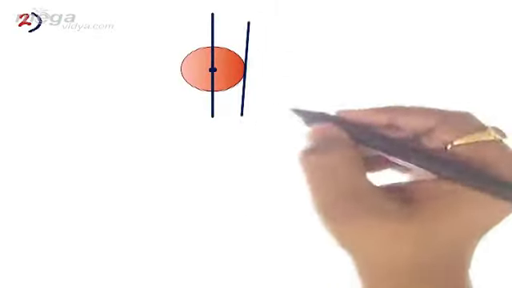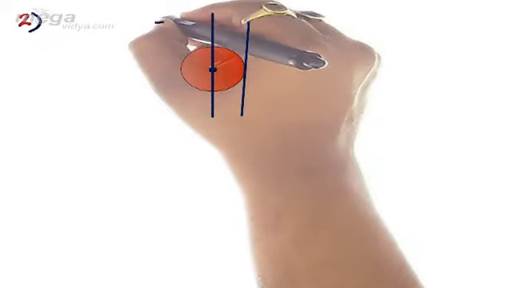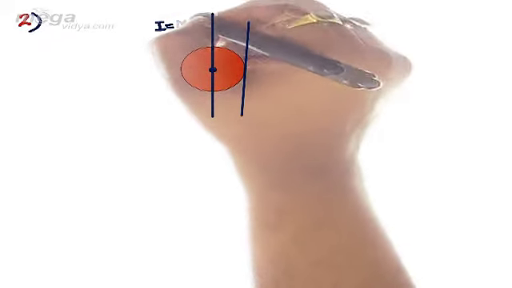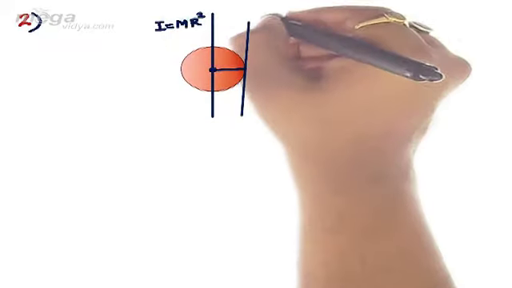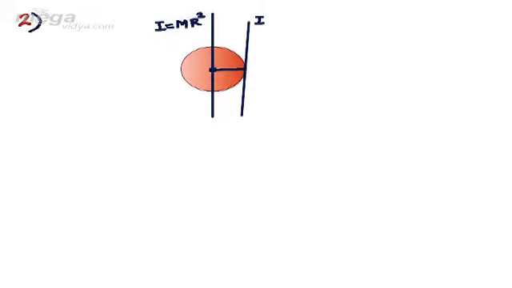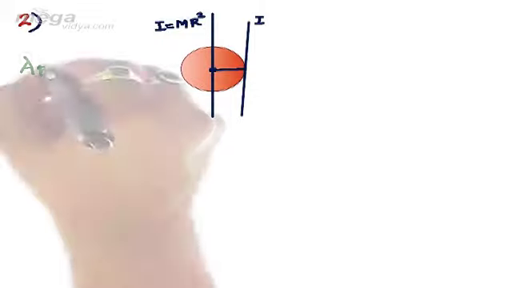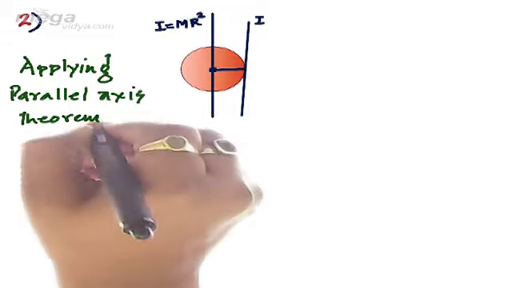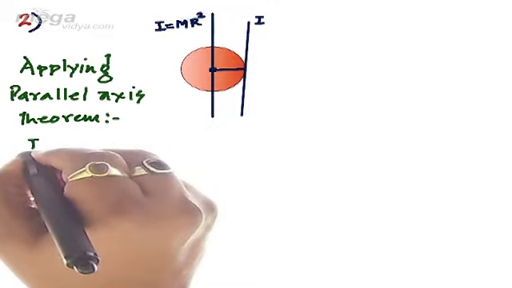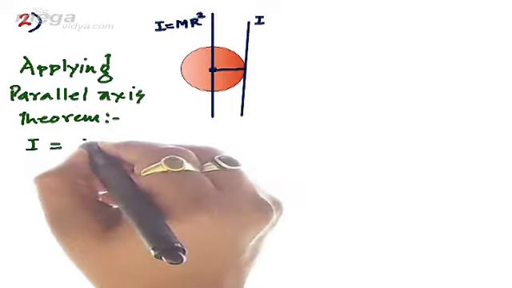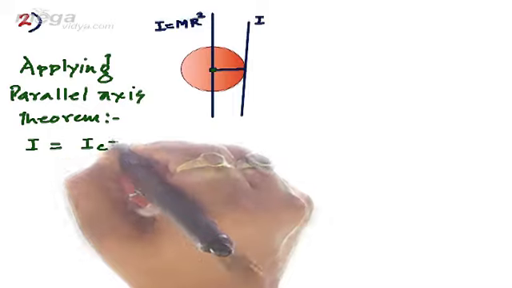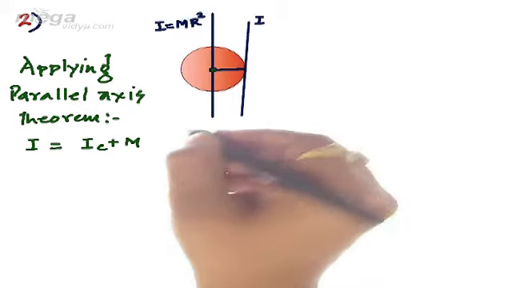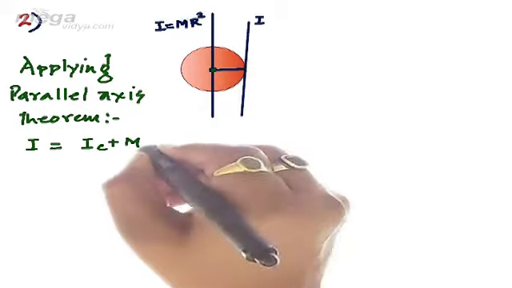We can take another example. Let us consider this ring, and the moment of inertia of the ring about the centroidal axis is given to be mr square, where r is the radius of the ring. We are required to find the moment of inertia about the axis passing through the tangent and parallel to the centroidal axis. Applying the parallel axis theorem, the moment of inertia about the given axis will be equal to the moment of inertia about the centroidal axis, mass of the ring, and square of the distance between the axes, which is again the radius, that is r square.